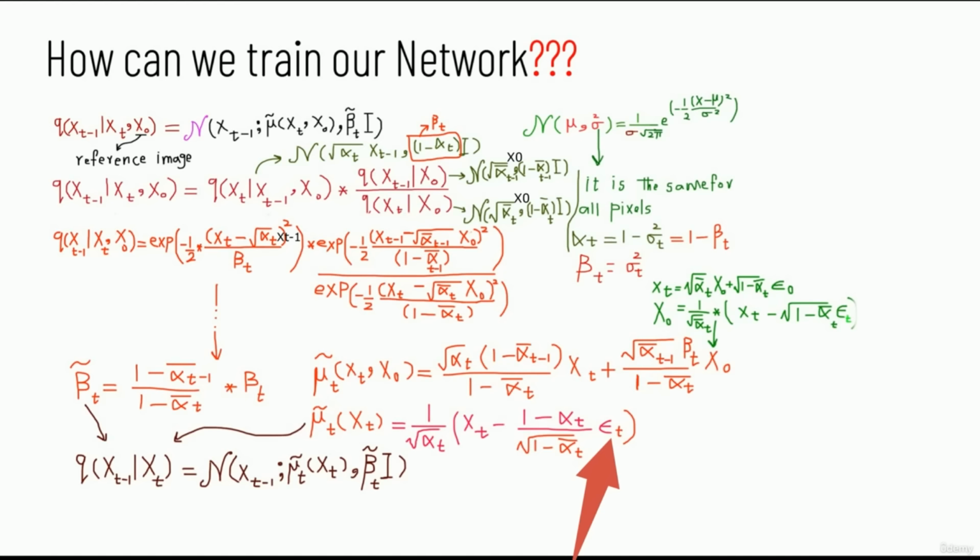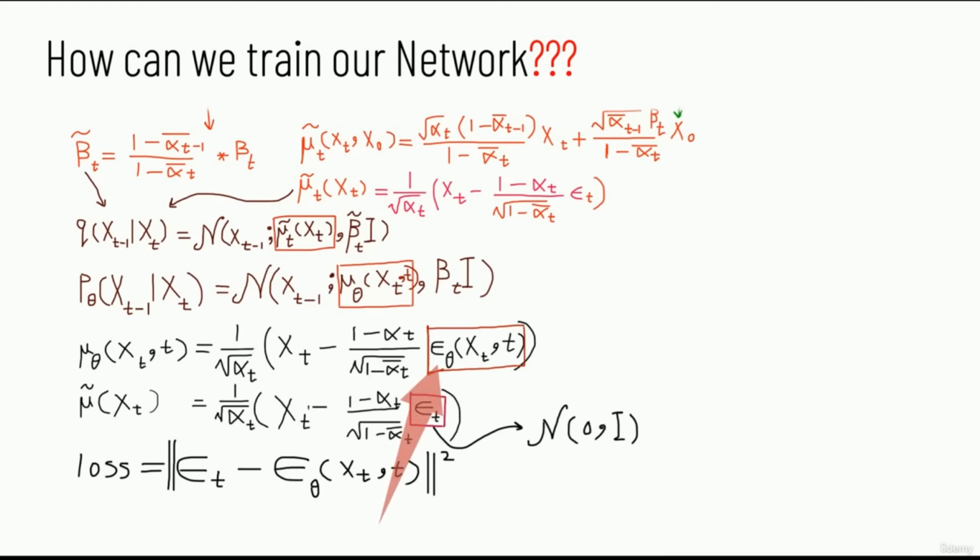Now we learned how to find all the parameters of the target distribution. So now we will use the neural network to predict the noise that we will get from the standard Gaussian distribution, where the mean is equal to 0 and the variance is equal to 1. So our neural network will get two values here, xt and the time step number, to make our neural network able to realize the level of the noise that we added here.